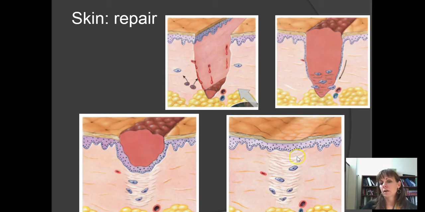And finally, you may not see repair of the hair or the glands in this region, or usually you do not. And so that's why the scarred skin is going to be a little bit different than the regular skin that was never damaged. And so that is skin repair. Incredibly important.